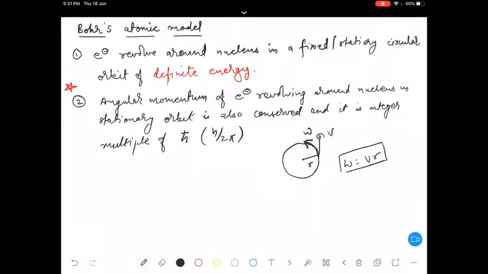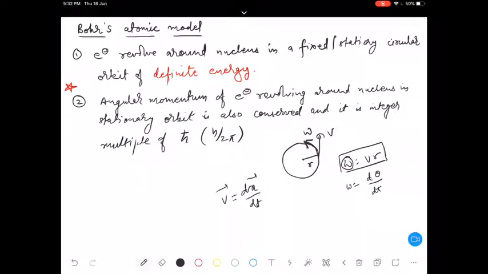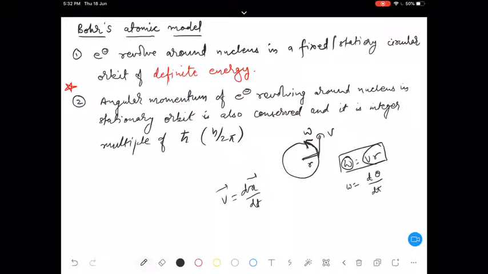this angular velocity. Just like velocity you used to define as v equals dx by dt, or change in displacement per unit time, similarly omega you can define as d theta by dt, right? If you take a small angle, you can take it as a linear part.